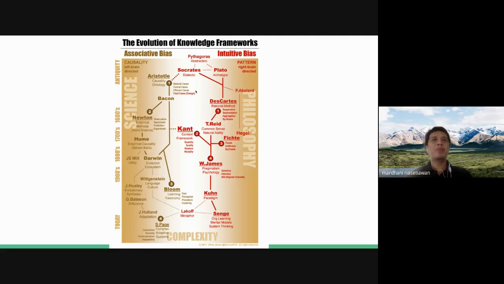Here it becomes more scientific, and then we also have natural ability, contact frameworks, thesis, antithesis, pragmatism, paradigm, and then organizational learning, systems thinking, which is now one of the most important things, metaphor, and then the complex system and adaptive system that we use for computer science.